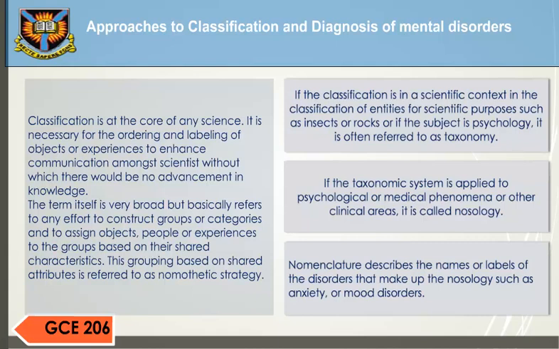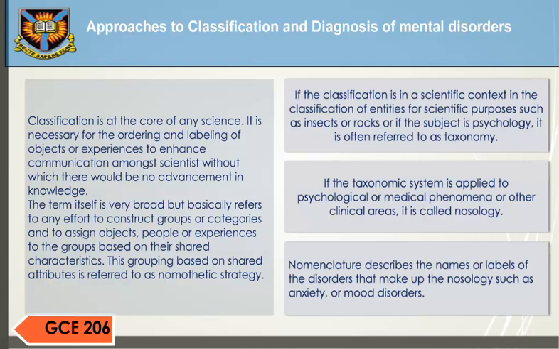This grouping based on shared attributes is referred to as nomothetic strategy. If the classification is in a scientific context, in the classification of entities for scientific purposes, such as insects or rocks, or if the subject is psychology, it is often referred to as taxonomy.